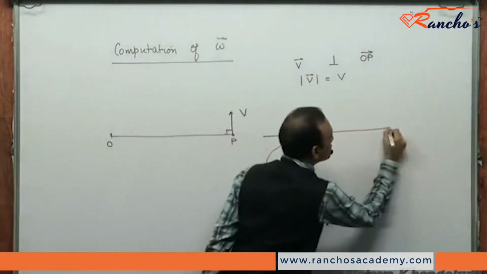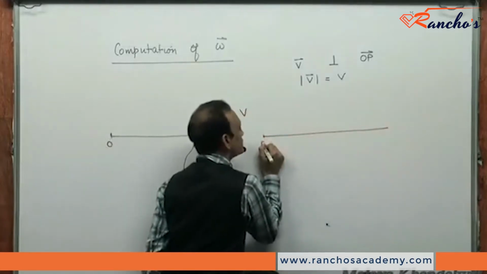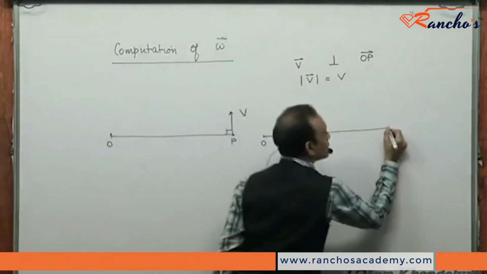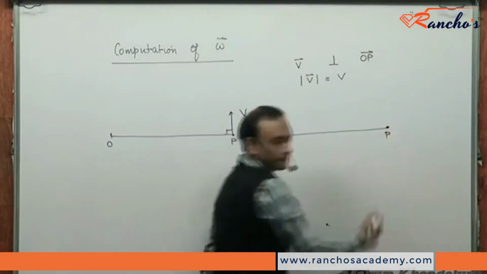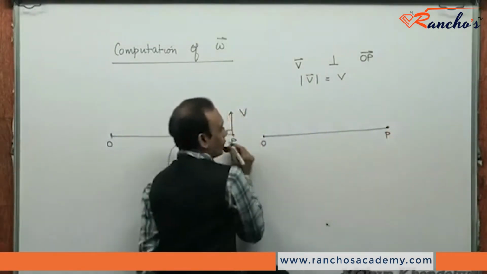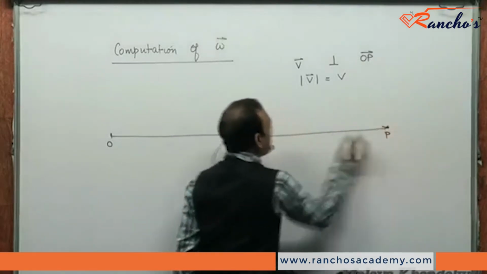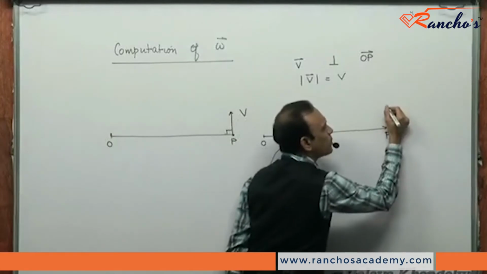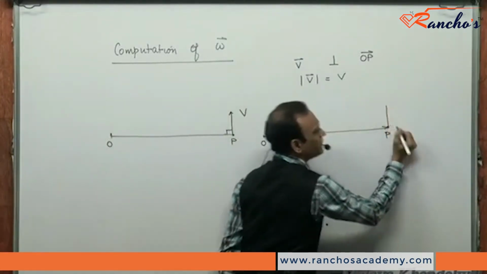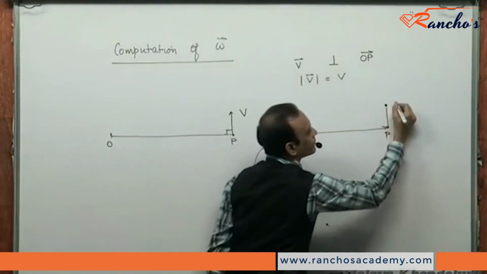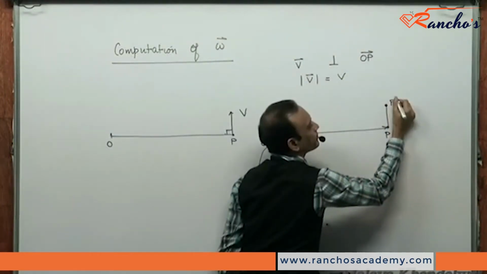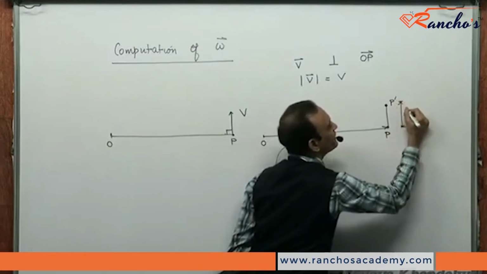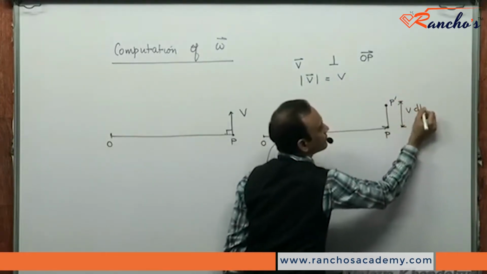Now, realize that this is the fixed observer. This is the particle P. Now, this is the position of the particle as seen by the observer, right? Now, in a small time dt, P will come to P prime, and its displacement is going to be V dt, isn't it?